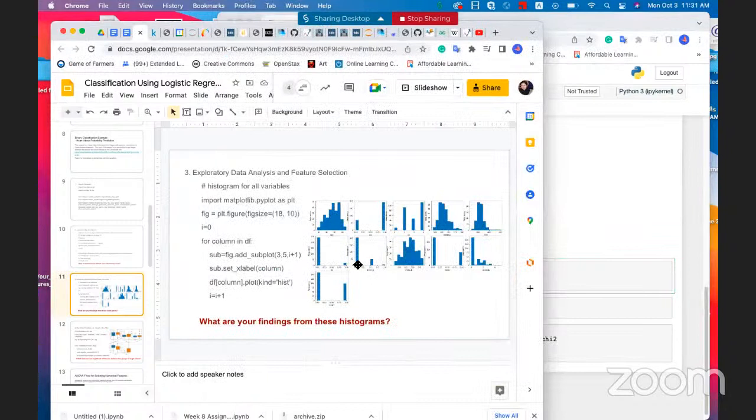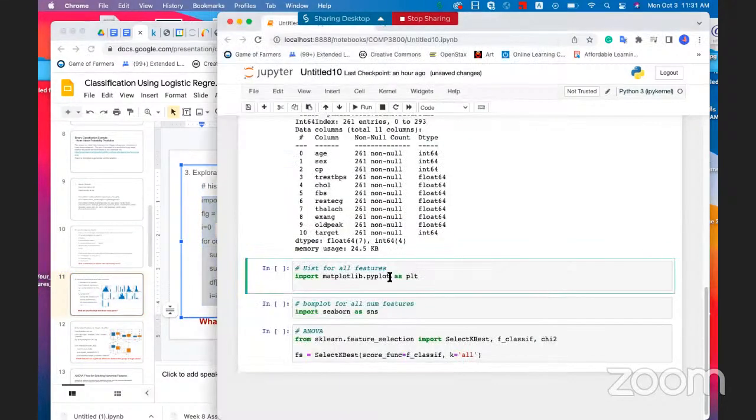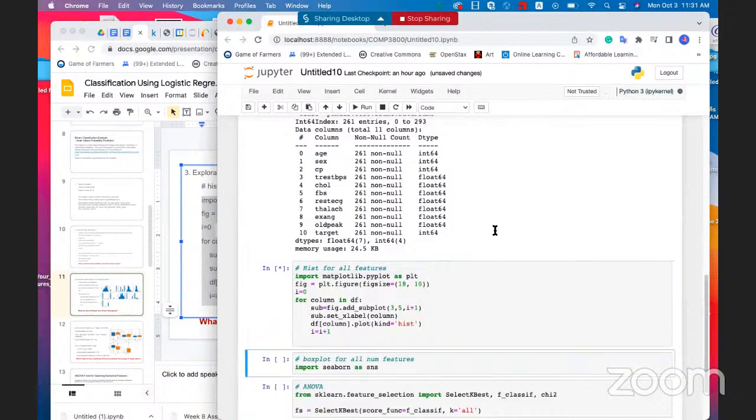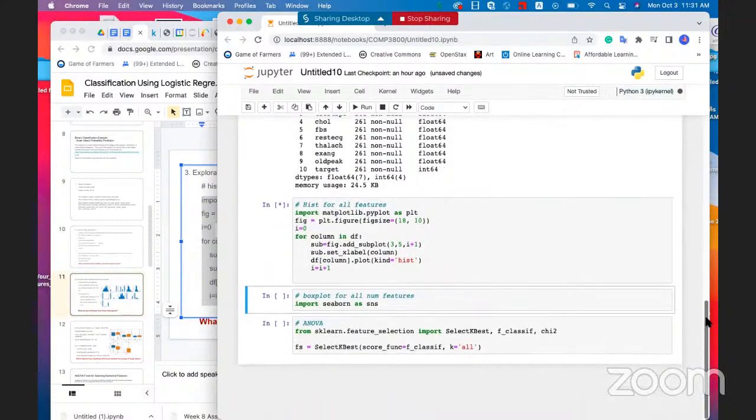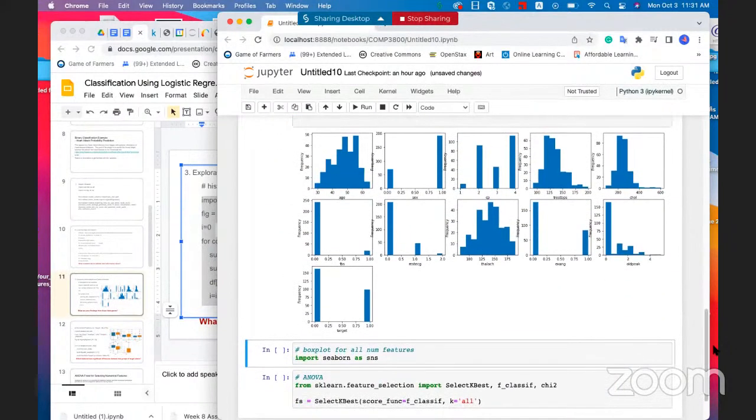So I generated a histogram for each variable.